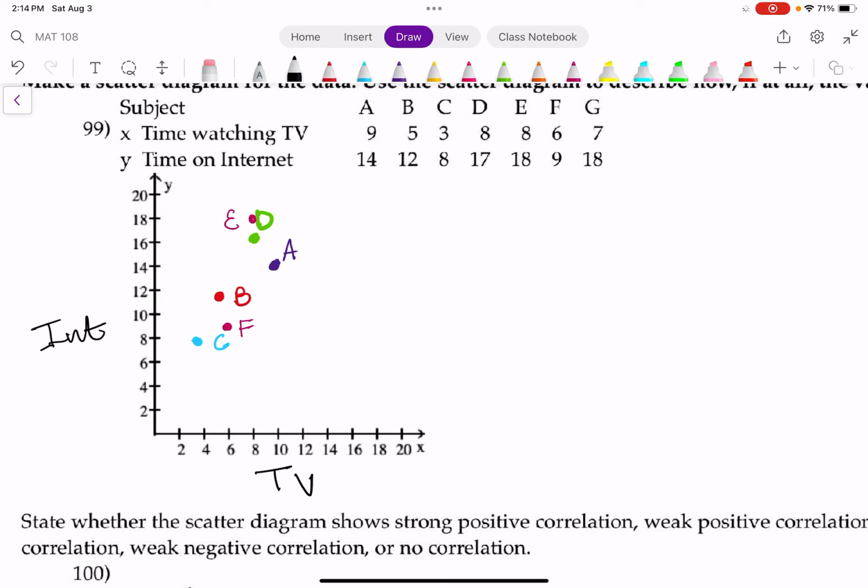And 18, I'm going to have to erase the D that's right there to be able to put 7 and 18. I'm going to erase E as well. So that's G.